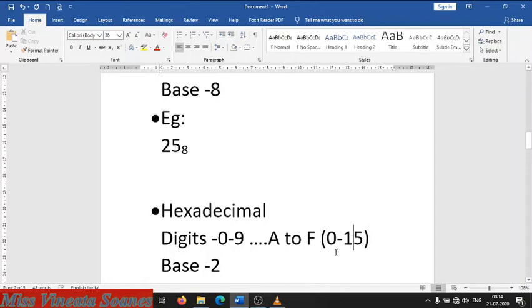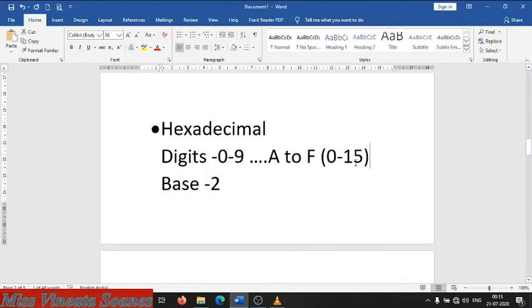But we don't write 10 as 10, we write 10 as A, 11 as B, and 12 as C, and so on and so forth till 15, and 15 is F. And if we count from 0 to 15, we have 16 digits. This part is decimal and the rest is 6. That's why it is called hexadecimal. Hexa for 6 and decimal for 10, right?